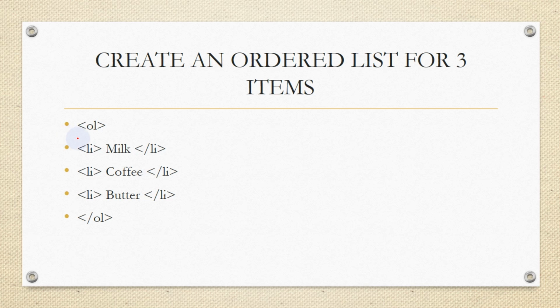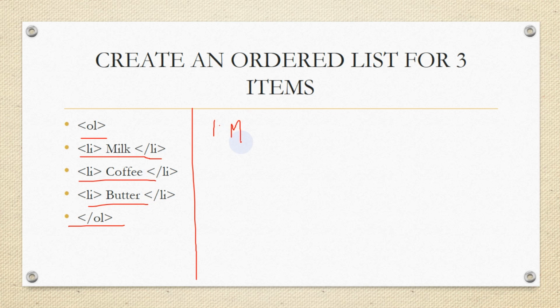First the ordered list tag, then the same li and the item in between, the same for coffee, butter, and then we close the ordered list tag.